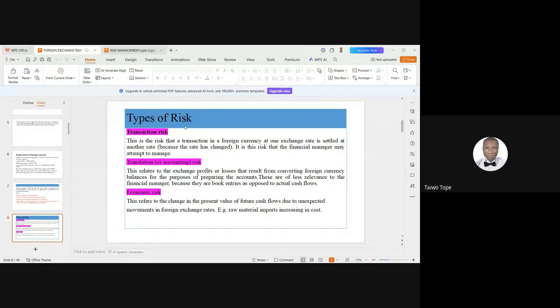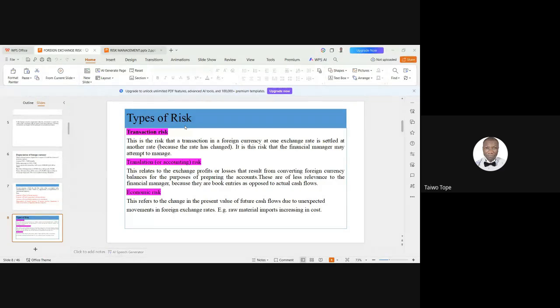Yes, so let me just divert a little. Which IAS is talking about translation risks? For those of you doing FR, they can just ask you some of these things. What is the recognition criteria?